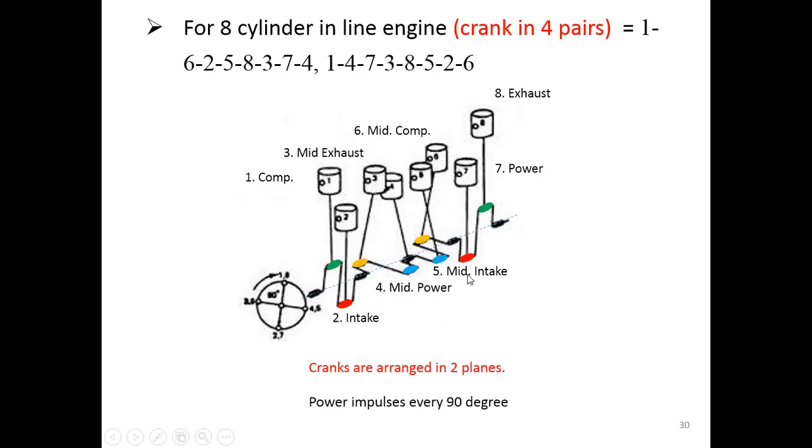Number 5 is in the middle of the intake stroke. Number 6 is in the middle of the compression. Number 7 is in the power stroke, and the last one is in the exhaust stroke. This is just an example of the cycle that happens for each cylinder when you have 8 cylinders overall.